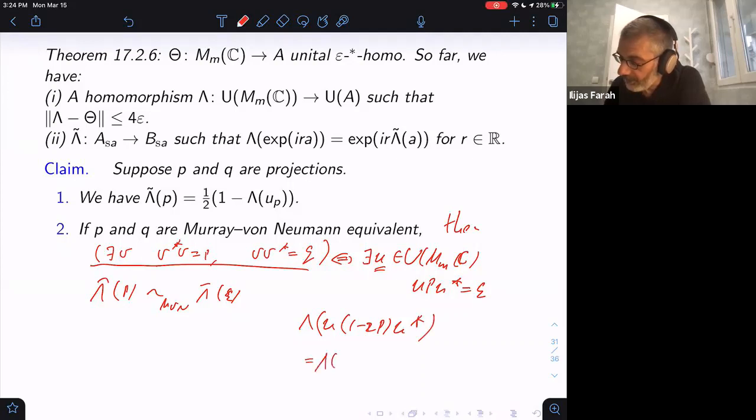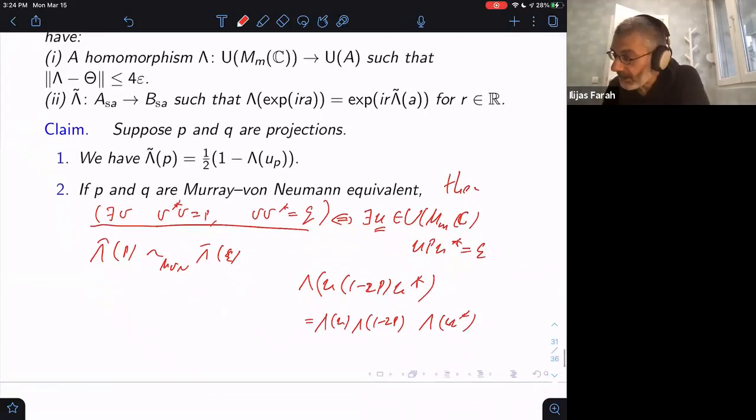This will be lambda of U, and what we have in the middle, lambda of (1 - 2P), and then lambda of U*. Right, okay, I forgot the first. This is really lambda of (1 - 2Q).